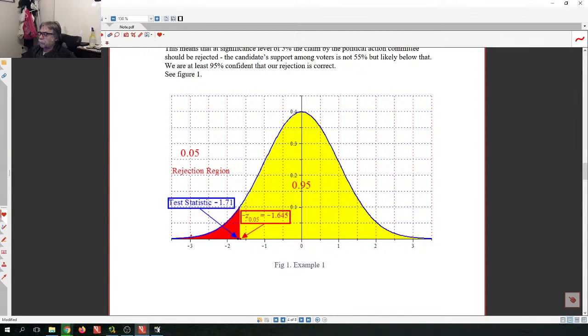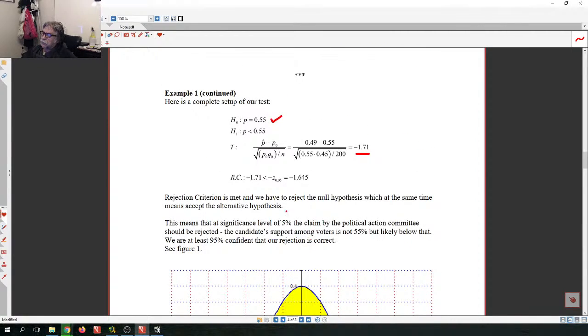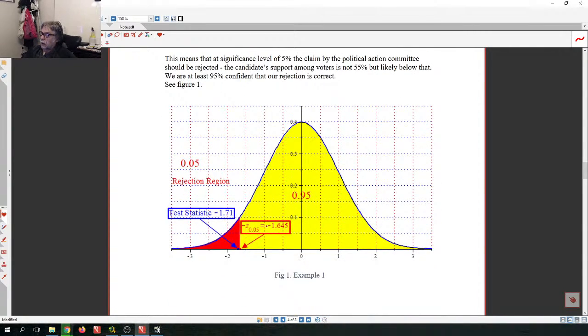This is 95%. So the test value that I calculated, I have a formula for that. It's a z test, so it's a z value: negative 1.71. It happened to be here. Now that's a problem. It should be here 95% of the time. But it happened to be here.